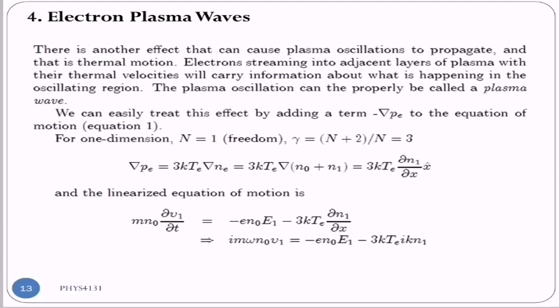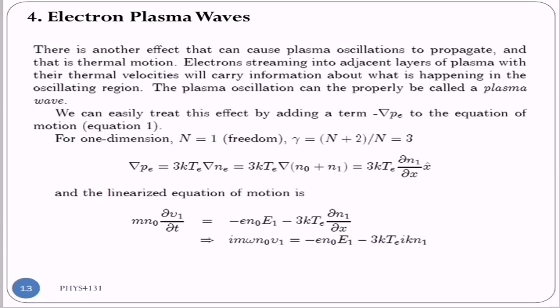We can easily treat this effect by adding a term, gradient of pressure del p_e, to the equation of motion, equation 1 of last topic. For one dimension, N can be equal to 1, gamma is equal to (N plus 2) over N, which is equal to 3.